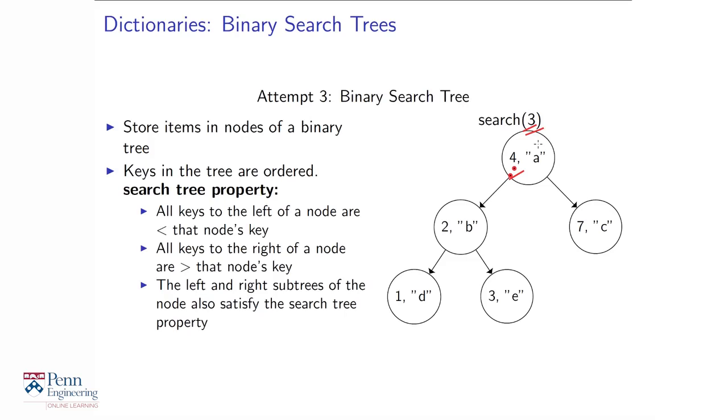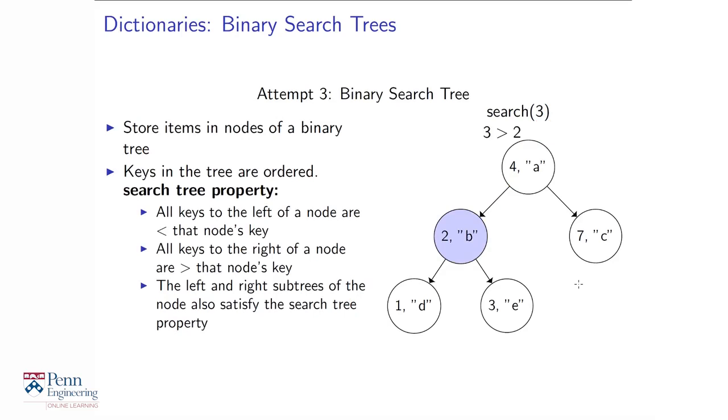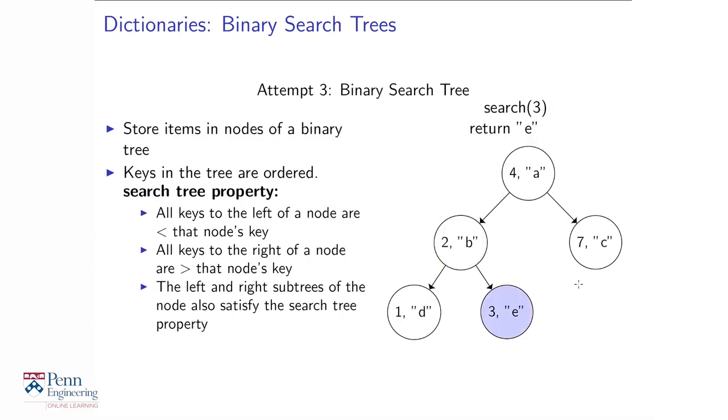So we can divide the problem and only solve the sub-problem on the left side, ignoring the right side completely. So we go down from the root to the left subtree, to the node with key 2. Now we see that the key we are looking for, 3, is bigger than the key at this node, which is 2, and we know we need to look to the right.